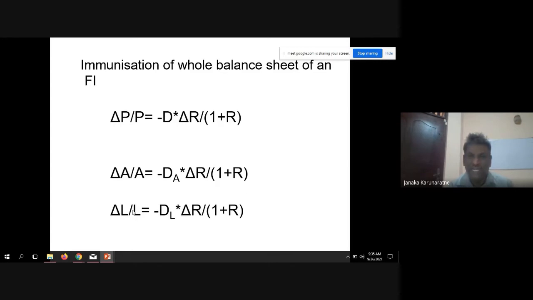Then change in liabilities divided by liabilities equals minus DL times delta R divided by 1 plus R, right? So this is the formula. If you can remember this formula, it's pretty simple. This is the concept we use throughout our duration model.